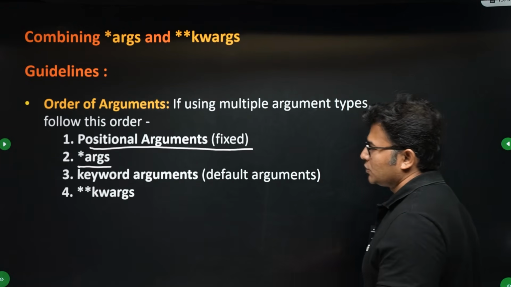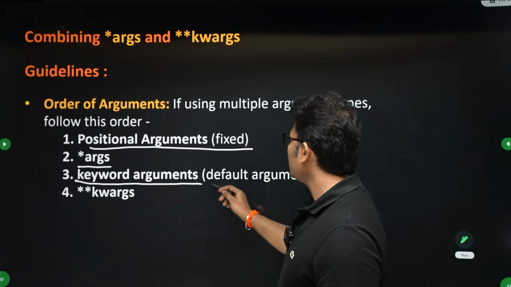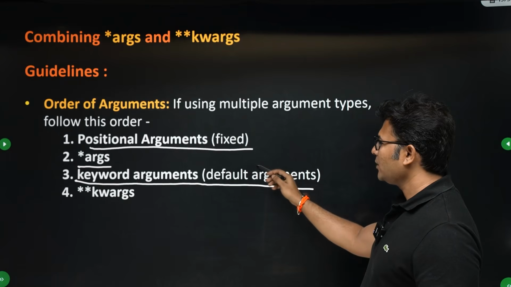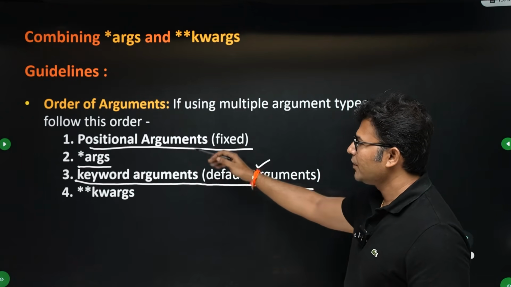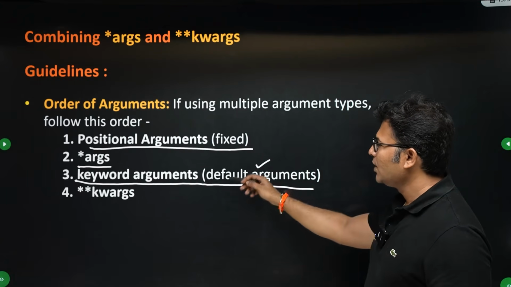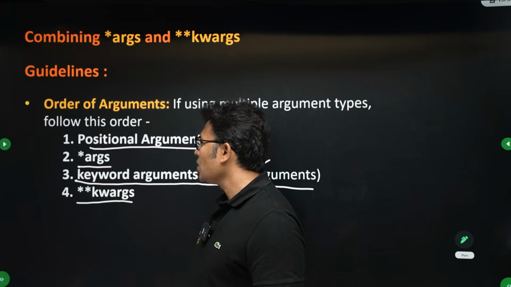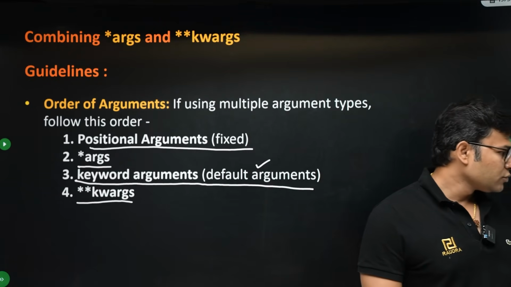And after star args, you have to put keyword arguments, if there are any, which are nothing but default arguments. So first positional arguments, then star args, then default arguments, then star kwargs. This is the order you are supposed to follow.